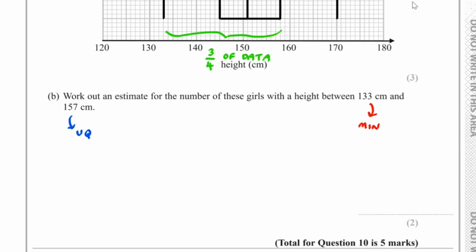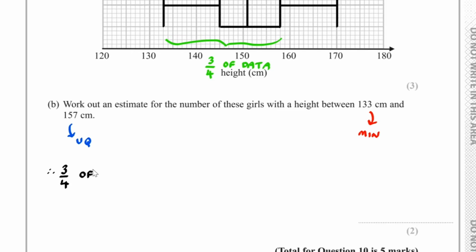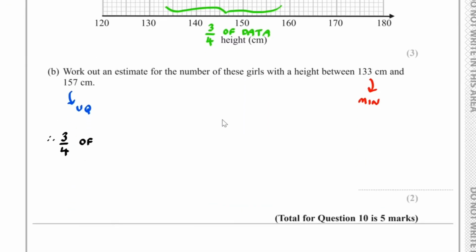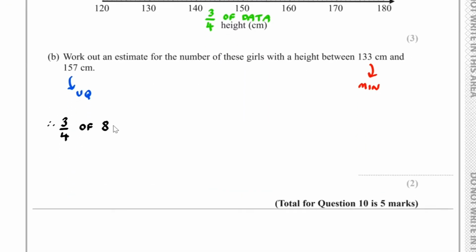And so 3/4 of, well, what we know is there's 80 girls, so we need to work out 3/4 of 80, and it turns out that's 60. 3/4 of the data, well, we have 3/4 of 80, which is 60.